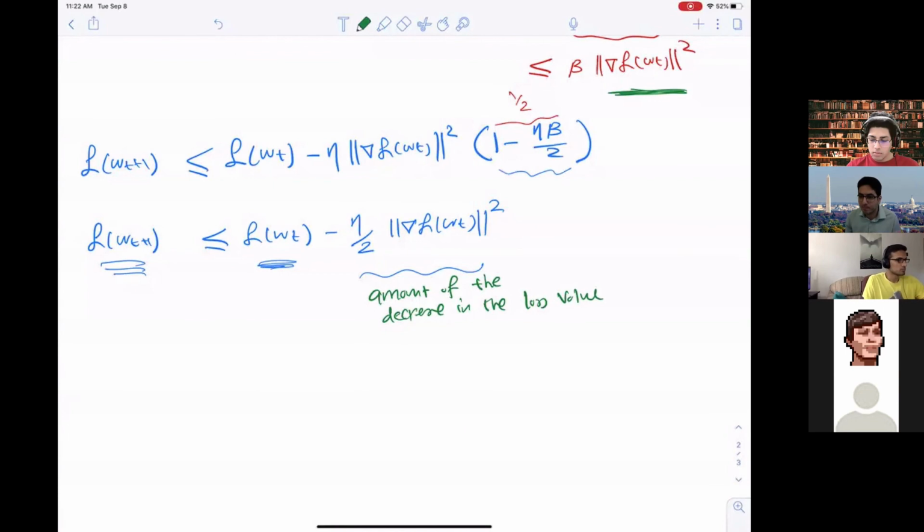One of the really good bounds for this amount would be if the amount that I'm reducing is proportional to the value of the loss itself. Let's say if my loss is like 100, and I could reduce in every step, say, 5% of the loss, then I would have a geometric decrease of my loss value, and I would converge to a 0 value of the loss. And that's exactly the underlying assumption of the PL condition.